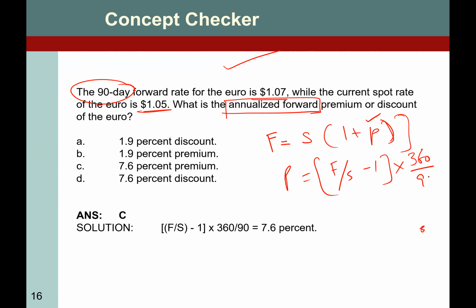If this is 90 divided by 90, if this is 30 divided by 30, if this is 180 days divided by 180, right? So the answer is C. Understand? So pay close attention to this one as well. 90-day forward contract. If 30 days, you're going to be 30. If 120 days, you're going to be 120. If 180 days, 180 days. If 1 year, then 360. Then it has 1. So that's why we don't write it 360 by 360.